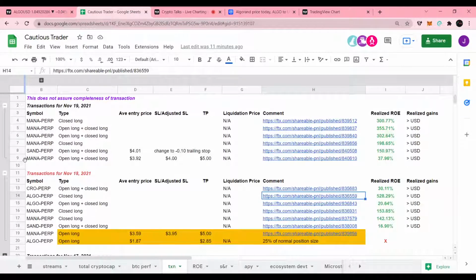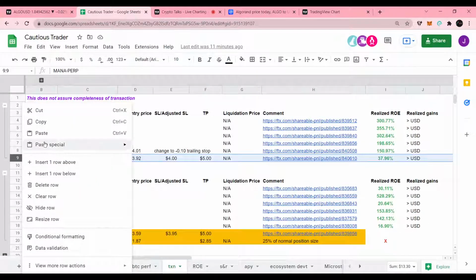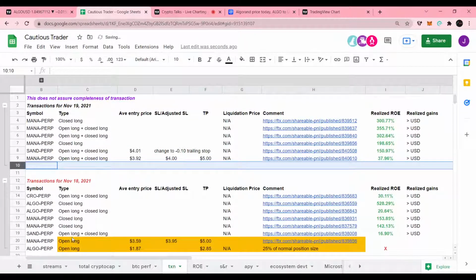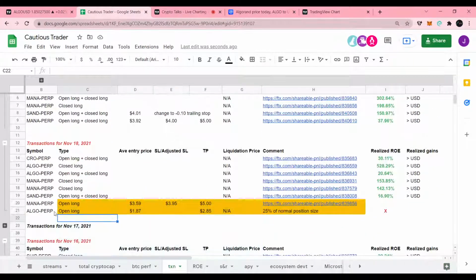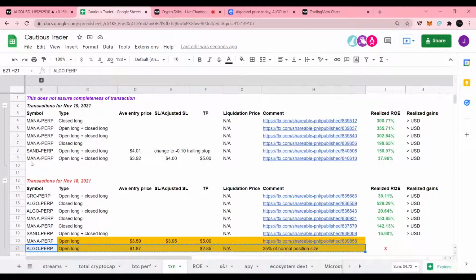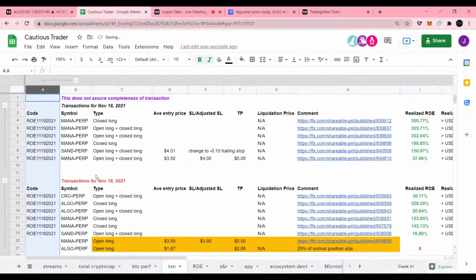So maybe I'll add this one below. Then open long. Oh, I even have an existing one, the 187, which I bought yesterday.